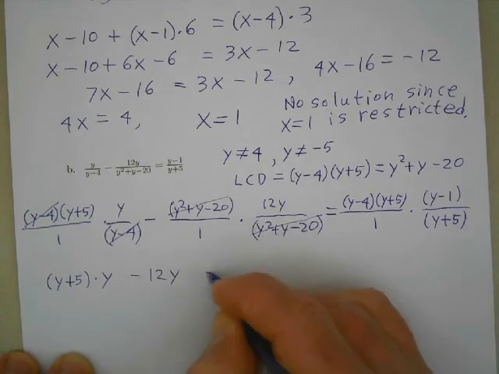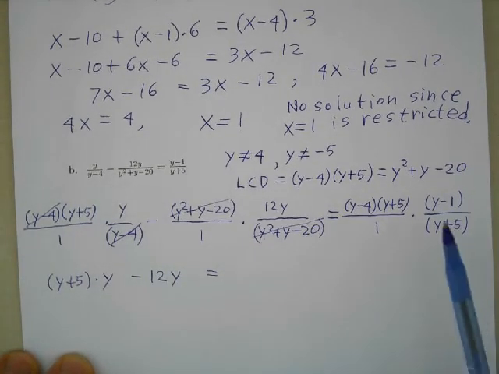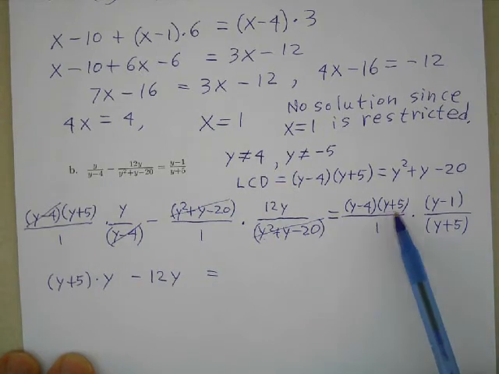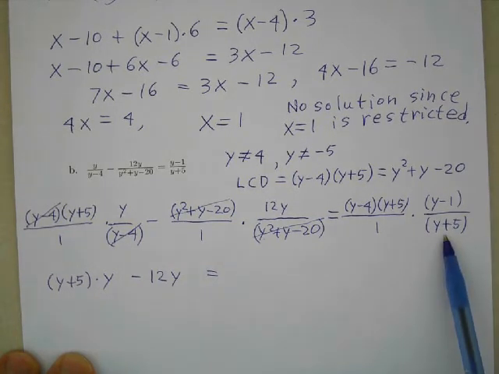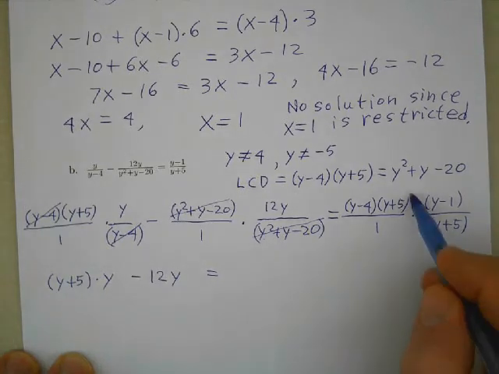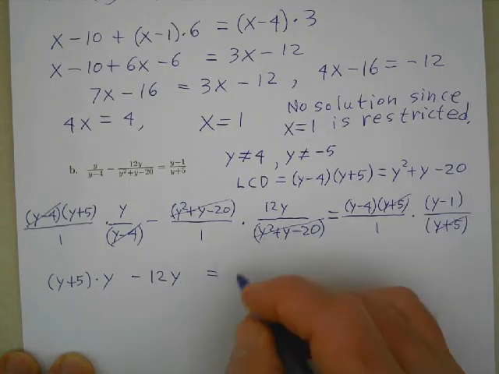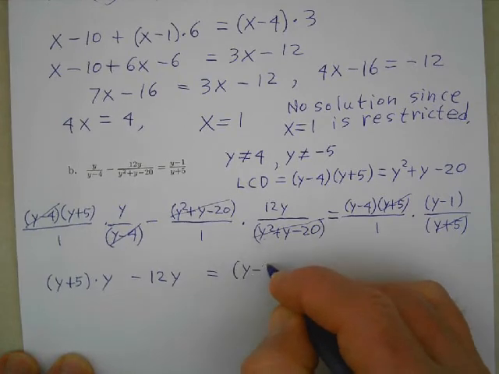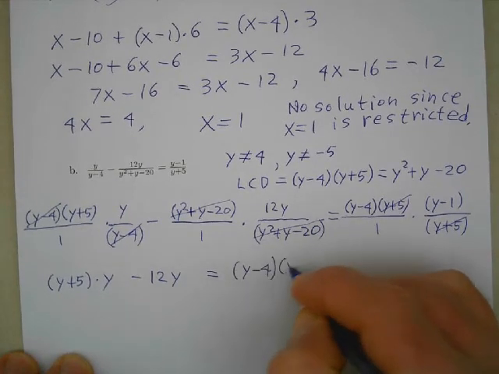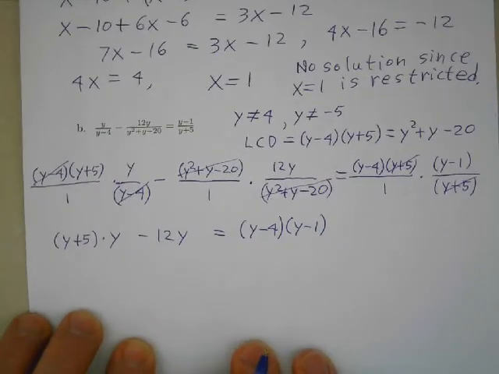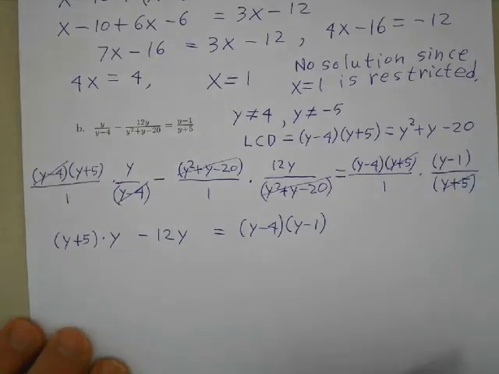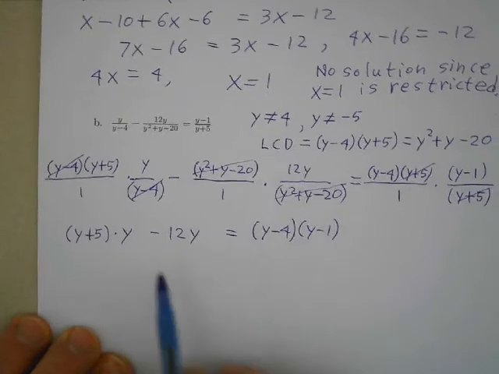And then on the right-hand side, this time the y plus 5 factor from the numerator and the y plus 5 factor from the denominator, those cancel each other out, and we're just left with y minus 4 times y minus 1. So we'll just do algebra and arithmetic to solve this equation.